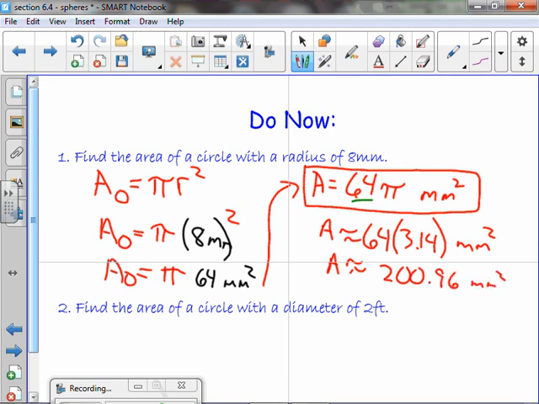But I want this to the nearest tenth, so what I will do, I will round to right here, and I check the number right after it, 6. 6 tells the 9 to go higher. So something funky happens when you have a 9 and you're going to round it up. You get that the area is approximately equal to 201.0. Okay, because the 9 has to go higher, it turns into a 10. But we can only fit the 0 of the 10 right here, so the next one has to become the 1. So to get 201, area is approximately equal to 201 millimeters squared. And there I have my answer to the nearest tenth.